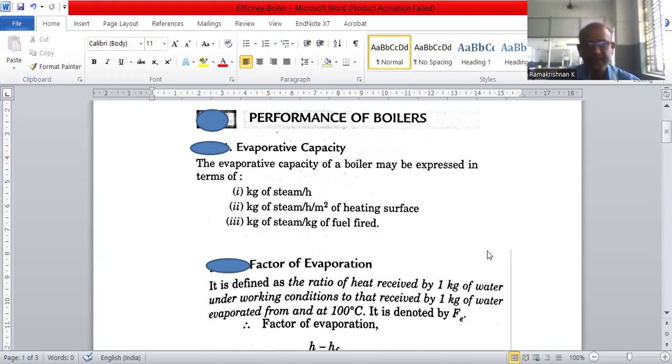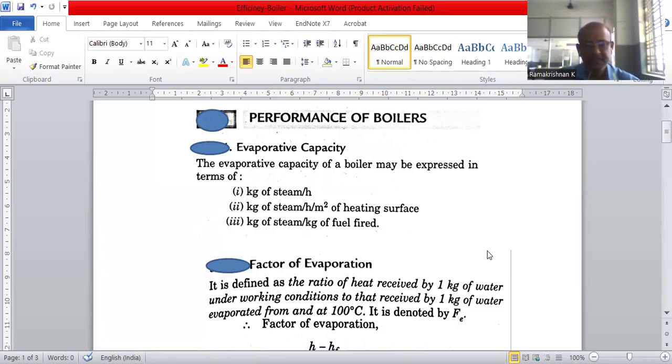The boiler's evaporative capacity is expressed in some ways. The first is the amount of steam generated per hour, that is kg of steam per hour. The second way is the amount of steam generated per hour per 1 square meter of heating surface, kg of steam per hour per meter square of heating surface.